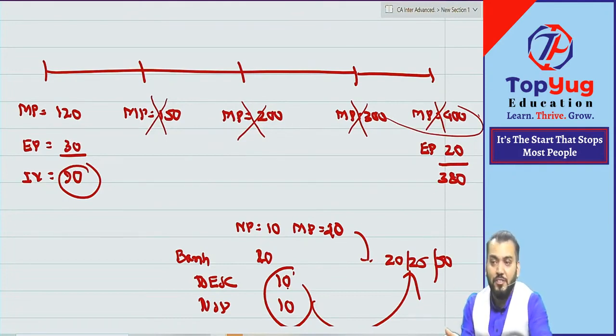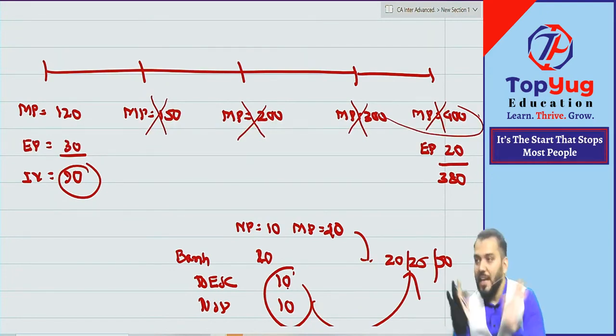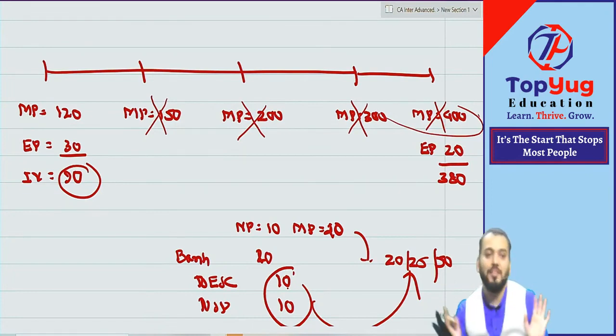CA inter can be passed with rectification, but CA final cannot be passed with rectification. CA inter can be passed, but in CA final you will die.